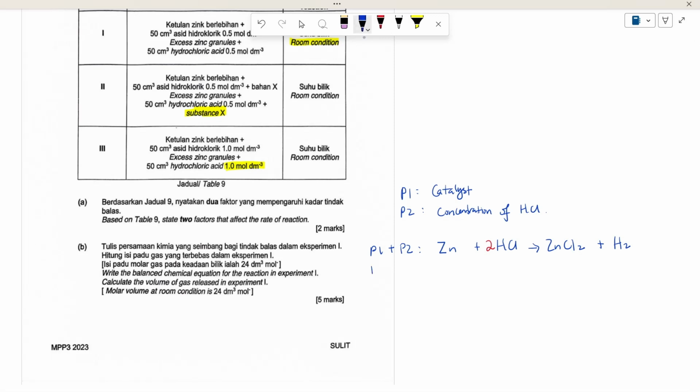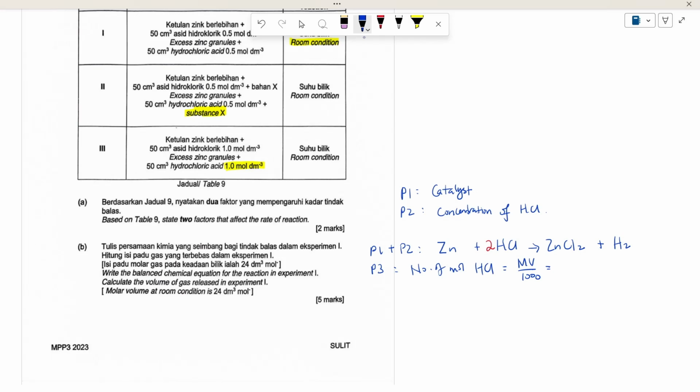Now point number 3, we can find the number of mole. Number of mole of hydrochloric acid, so we use the formula MV over 1000.